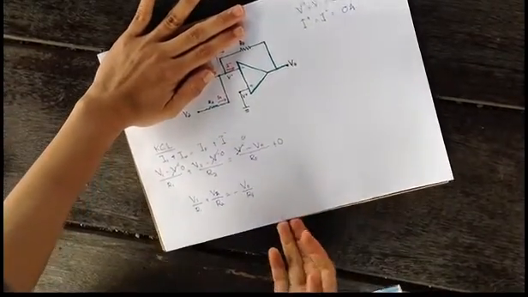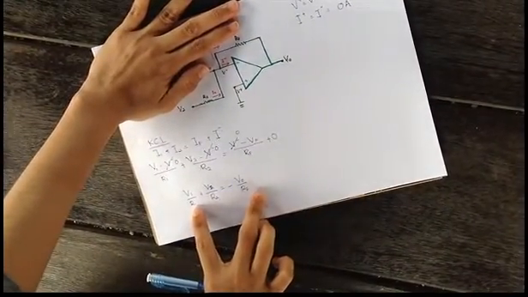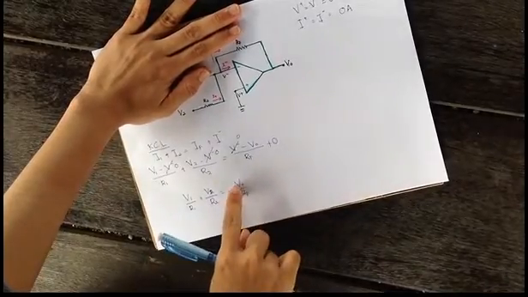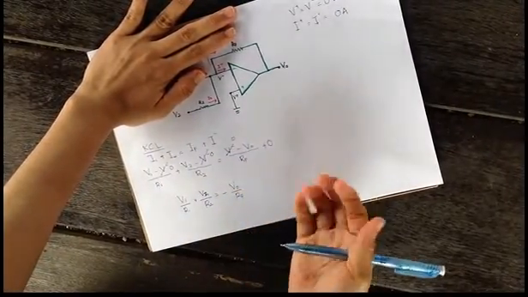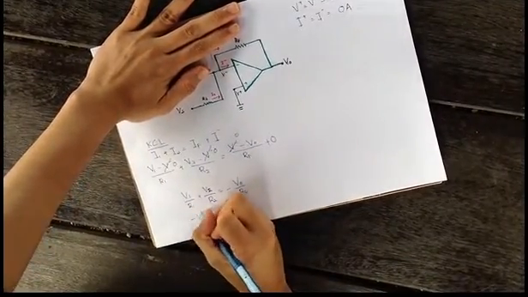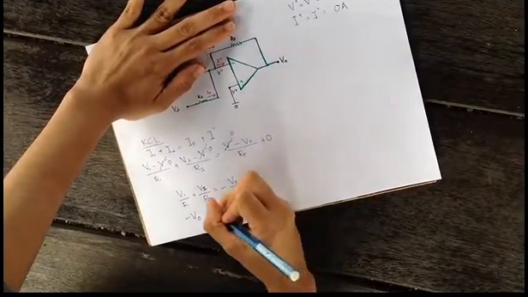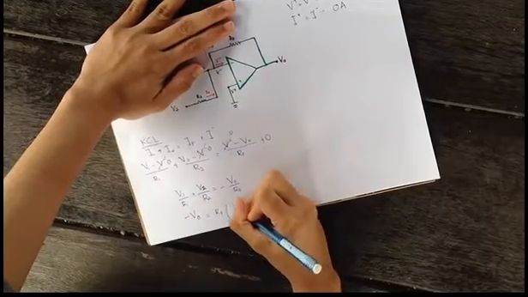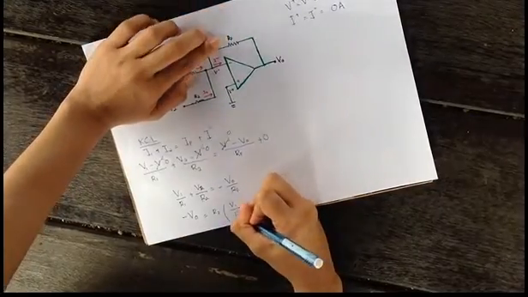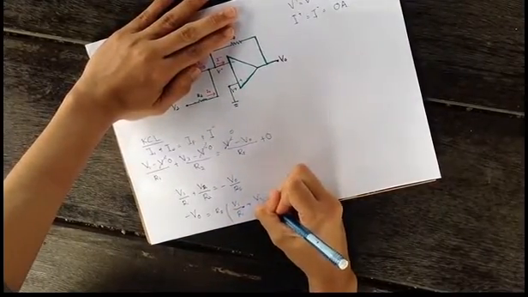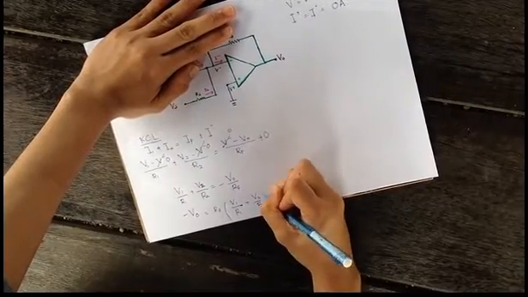So we arrange them in order to make V naught the subject. V naught is equivalent to RF times V1 over R1 plus V2 over R2.